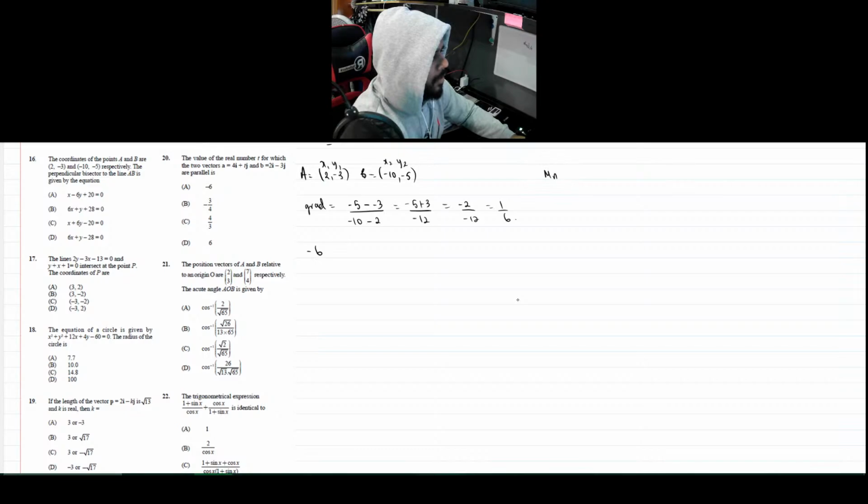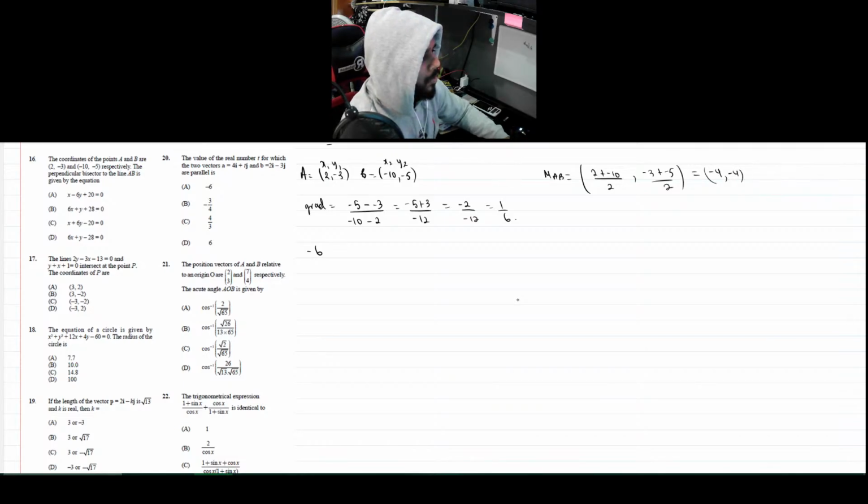The midpoint of AB is x1 plus x2 over 2, y1 plus y2 over 2. 2 minus 10 is minus 8, minus 8 over 2 is minus 4. Minus 3 minus 5 is minus 8, minus 8 over 2 is minus 4. So (-4, -4) is the point we're using.